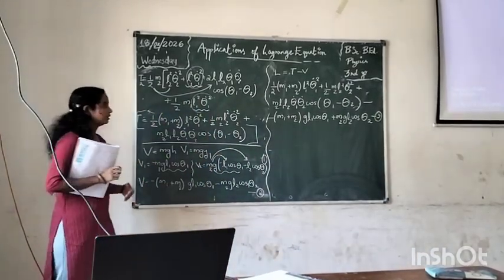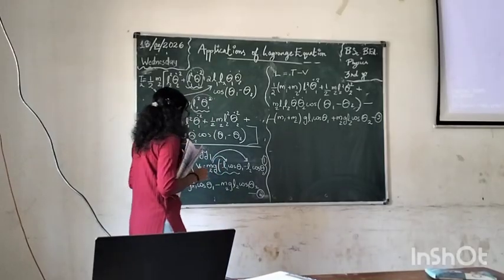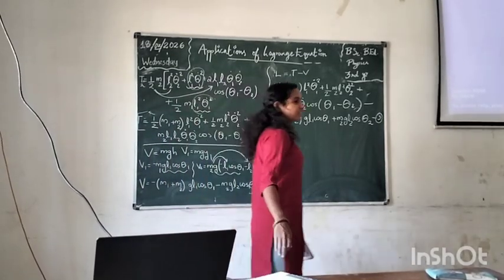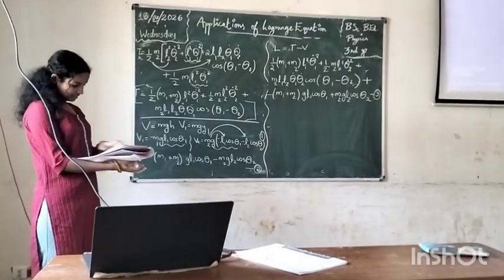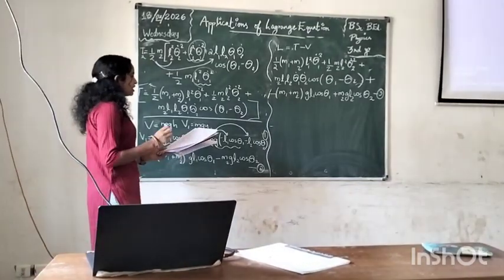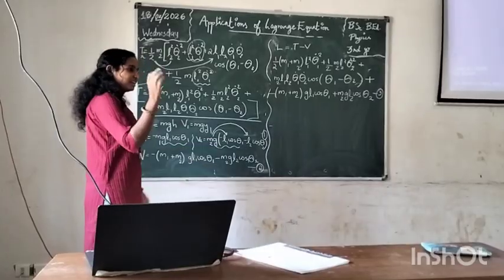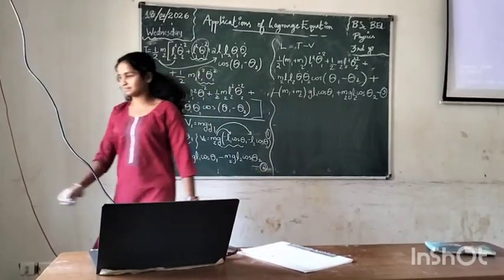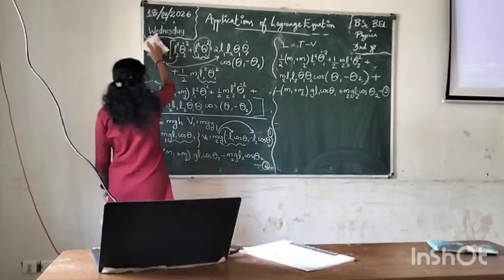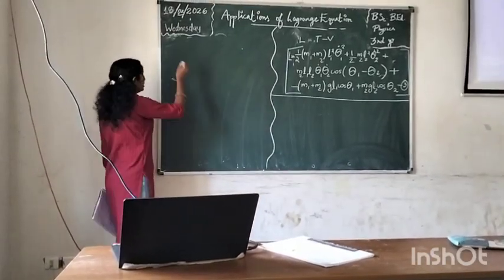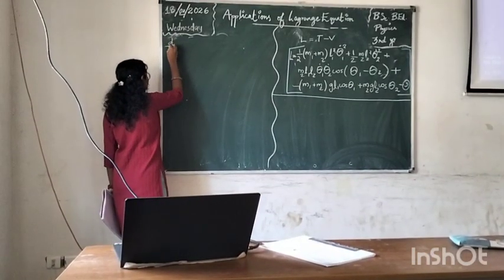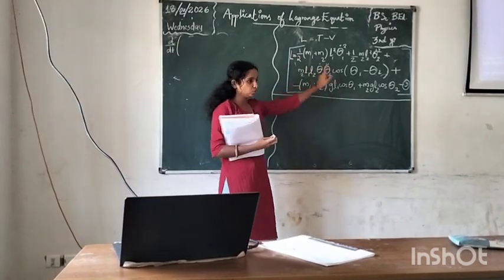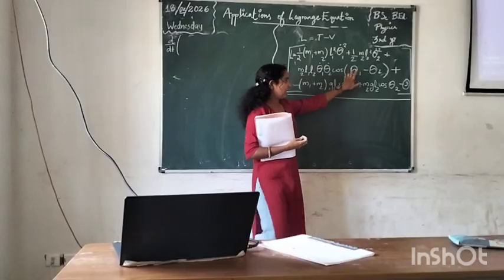Now we have to substitute this L in our Lagrange equation, so I will write this. Our Lagrange equation is d by dt of... here you can see there are two variables, theta 1 and theta 2.